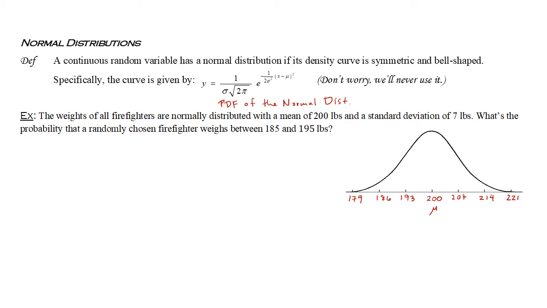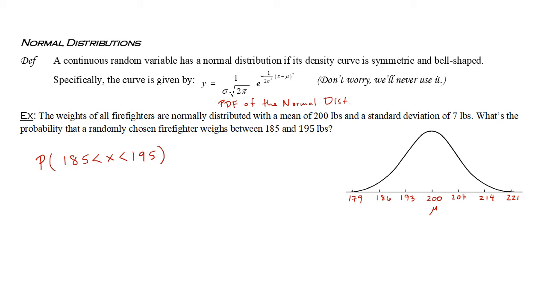And in this case, suppose we want to find what's the probability that a randomly chosen firefighter weighs between 185 and 195 pounds. Well, what this is going to amount to is finding the area under our PDF between 185 and 195.